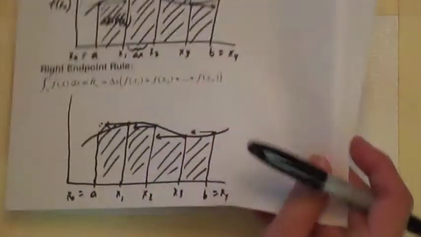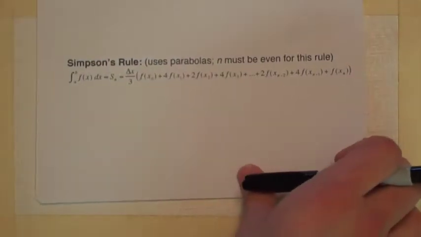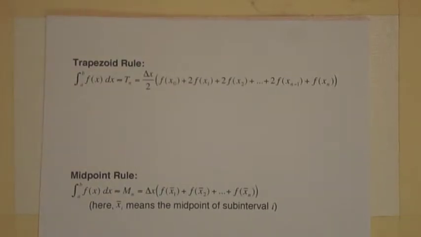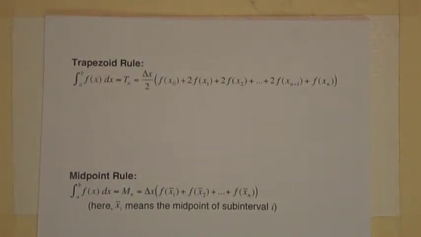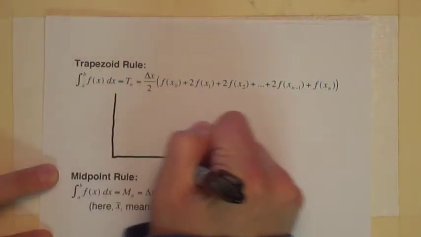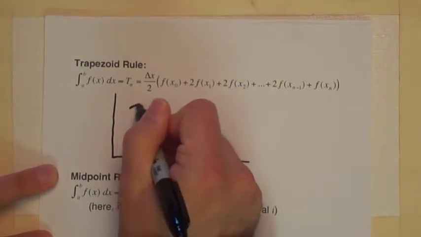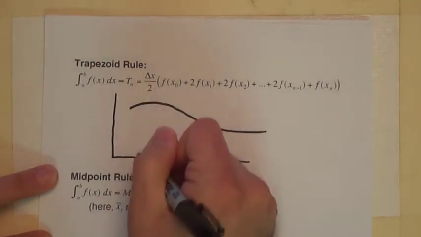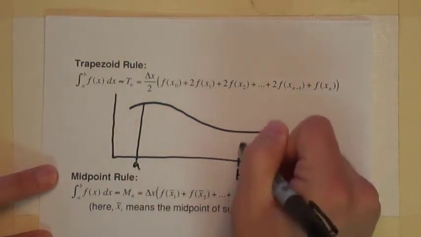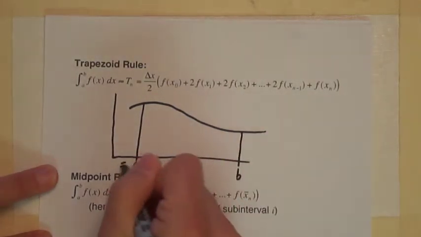Go to the next page. To talk about some more accurate estimates, the trapezoid rule does something a little bit different, which is it estimates the area from A to B using trapezoids.